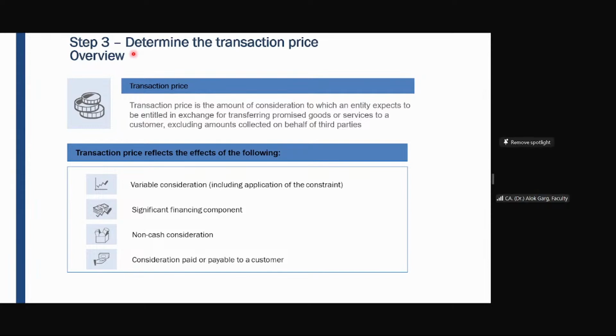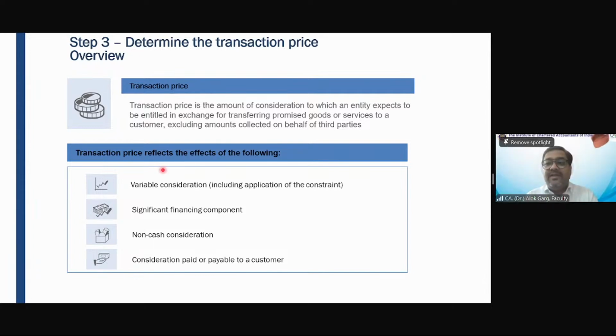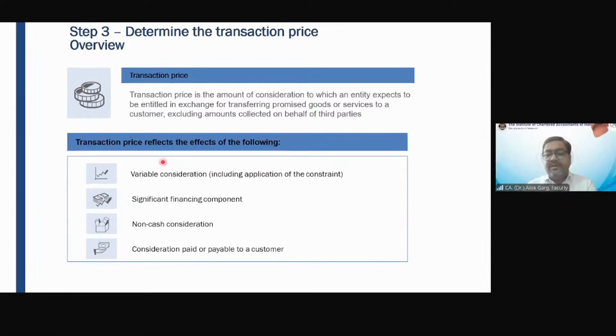It means that if there is a difference between the timing of goods and services delivered, the performance obligation satisfied, versus the amount received, you need to see why there is a difference between the time periods.